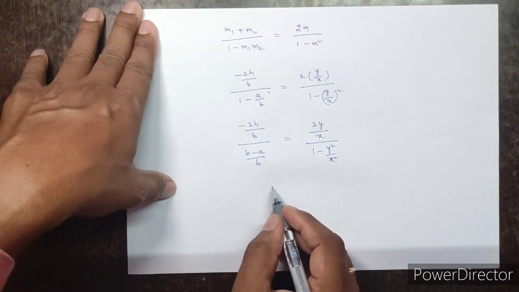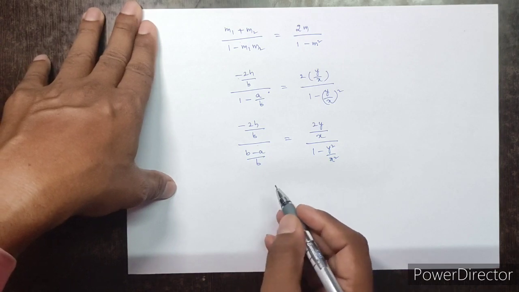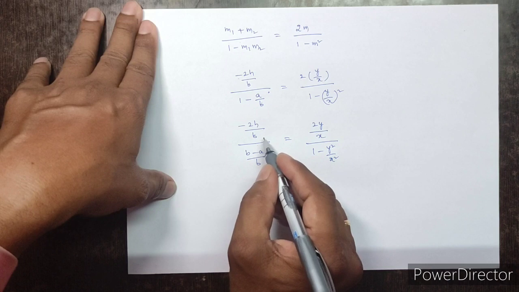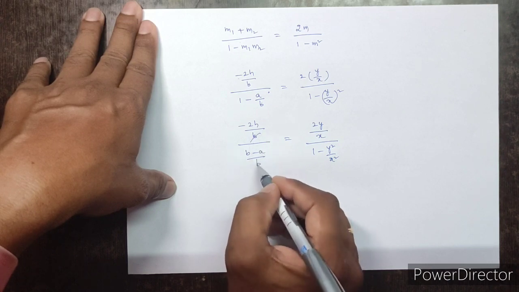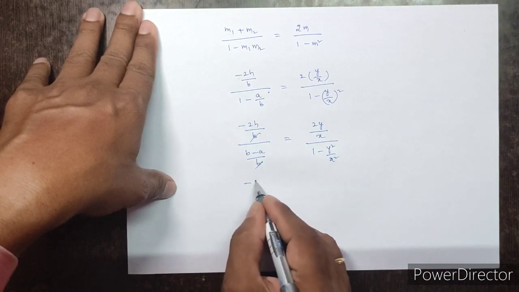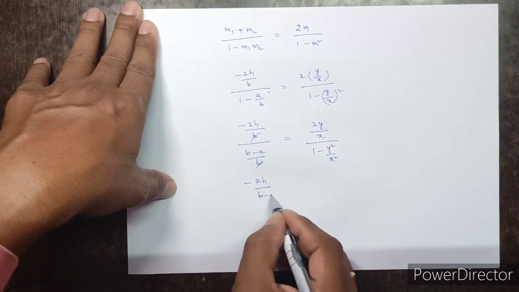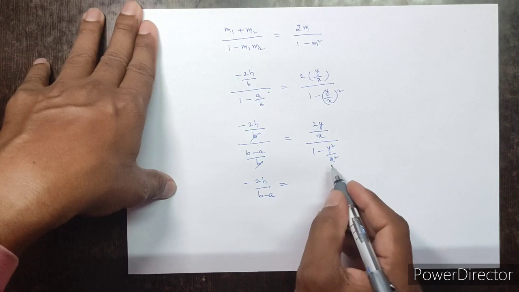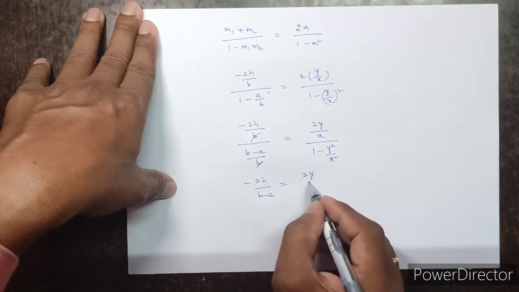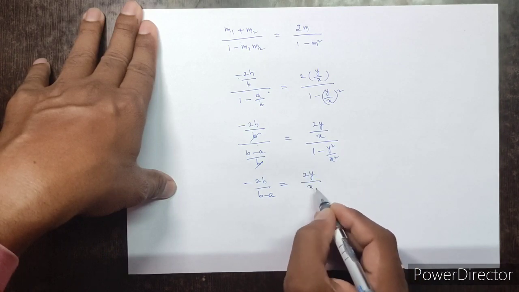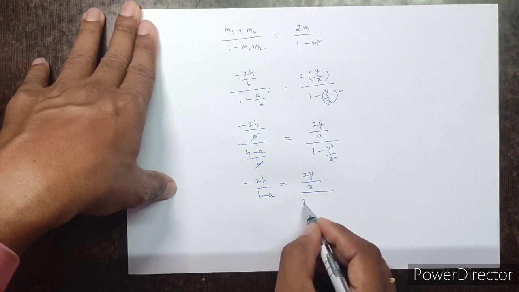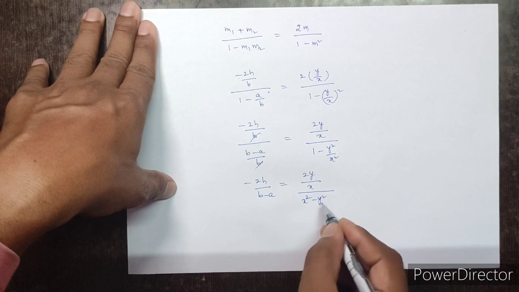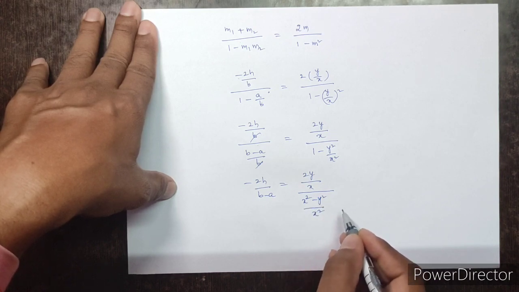So b by b gets cancelled, then minus 2h by b minus a, equal to 2y by x by x square minus y square by x square.